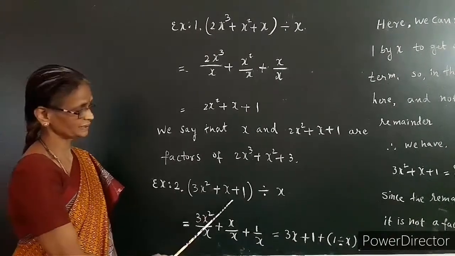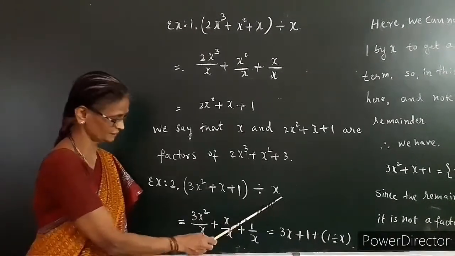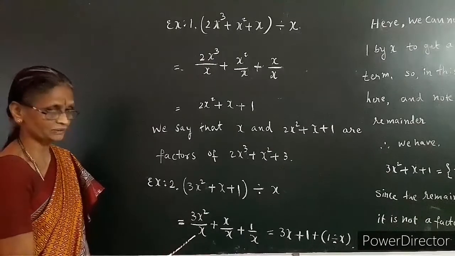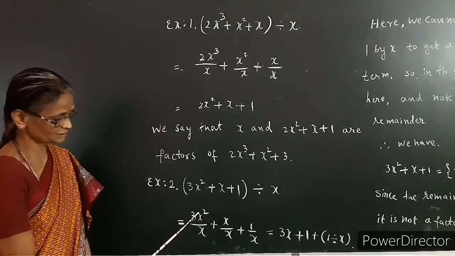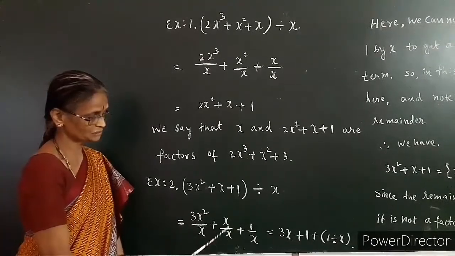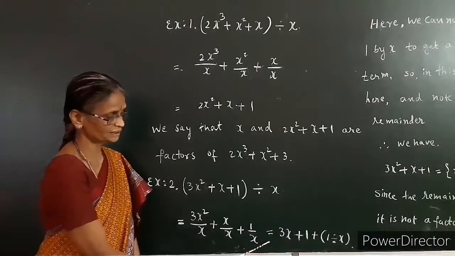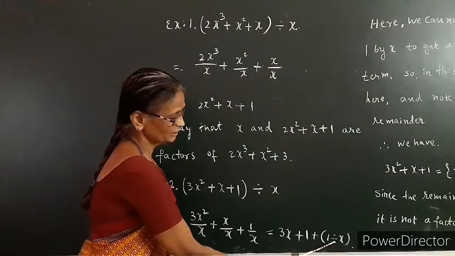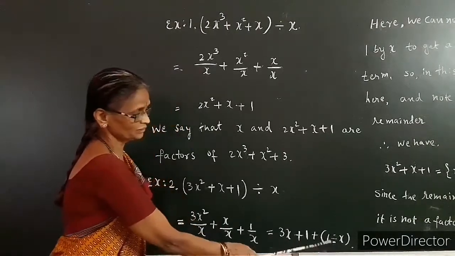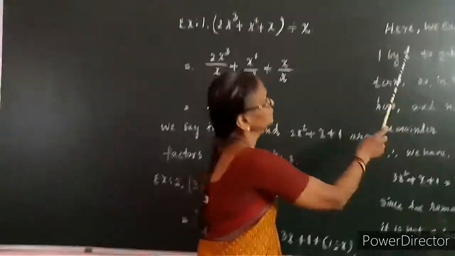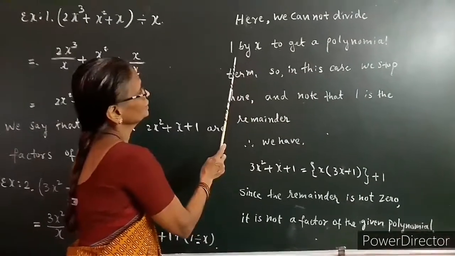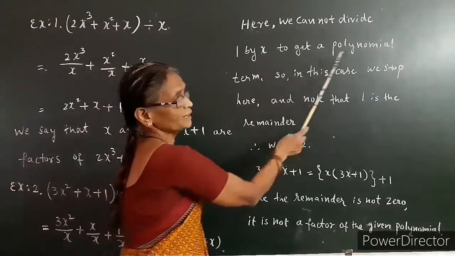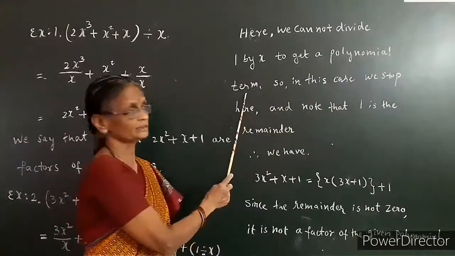3x square plus x plus 1 divided by x. Each and every term should be divided by x. It gives 3x square by x plus x by x plus 1 by x, equal to 3x plus 1 plus 1 divided by x. We cannot divide 1 by x to get a polynomial term.